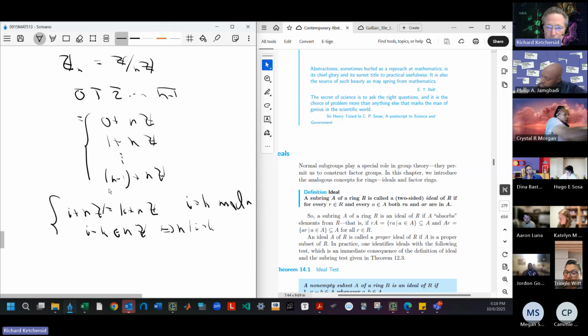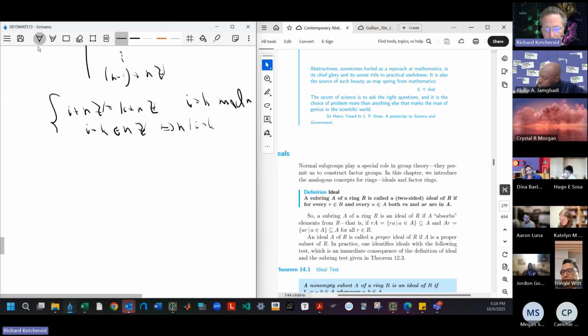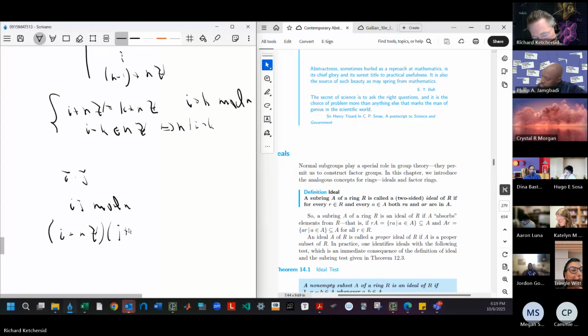Okay, so that was the group part of that. But we also can do modular products. We've been doing that. How do we do modular products? If I do I bar times j bar, the way we've been doing that is do ij mod n. Same kind of thing. What we're really doing is I plus nZ times j plus nZ, and what this is supposed to be is ij plus nZ.